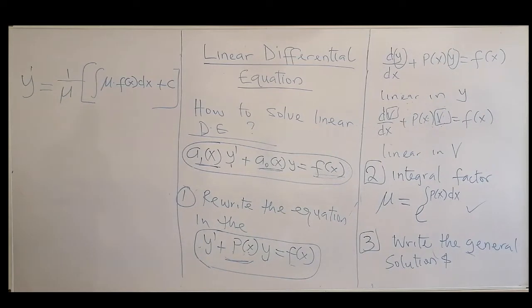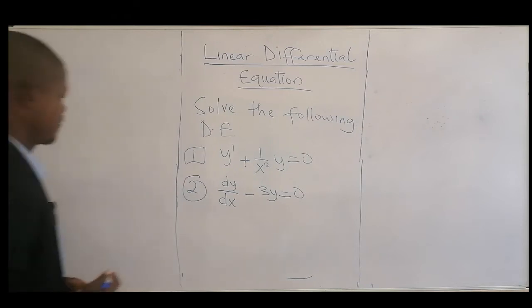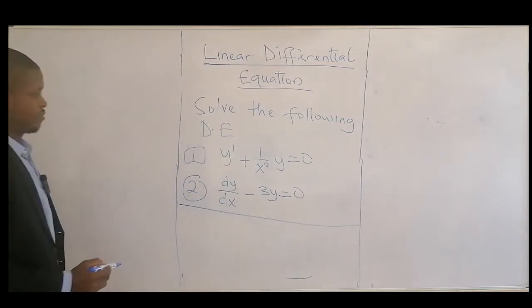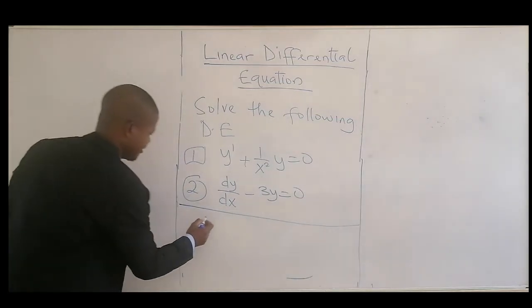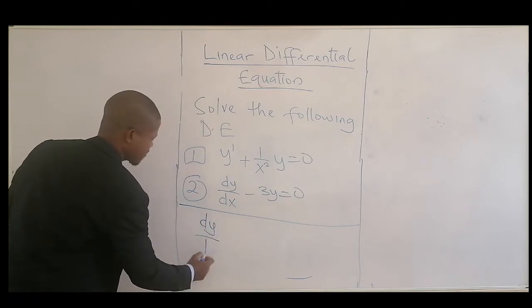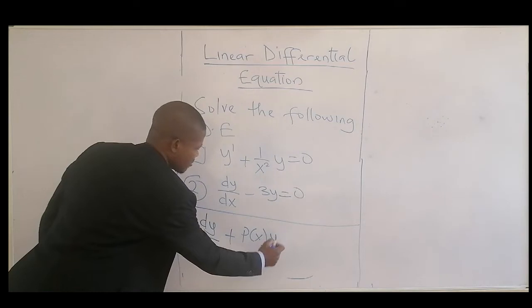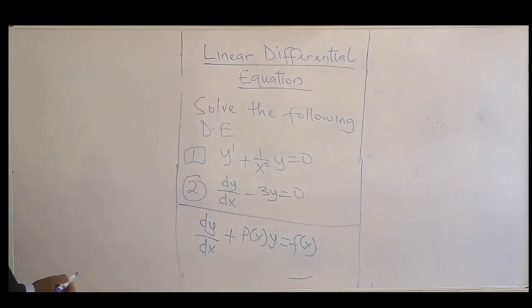Let's see questions. Yeah, we have these two questions. Solve the following differential equation. The first one we can do in this question is to look at it very well and try to correspond this to this equation. Does it conform to this? Let's see if it conforms to that.